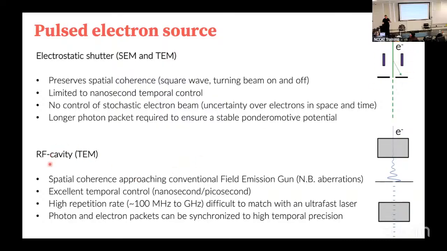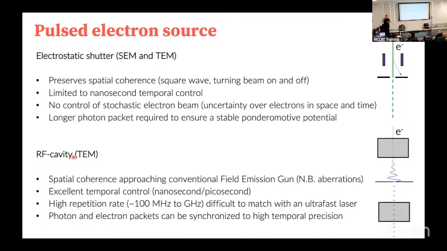The other way that you will increasingly hear about over the next 5 to 10 years is something called an RF cavity, a radio frequency cavity. Henning Stahlberg at the EPFL now has a bespoke Krios microscope from Thermo Fisher, where he has an RF cavity built into the microscope.